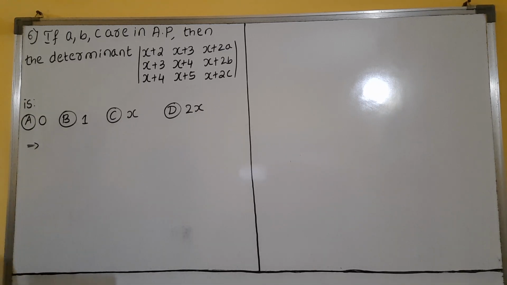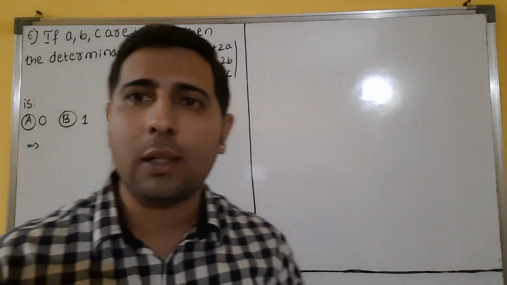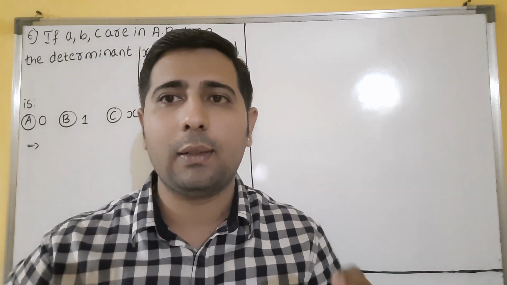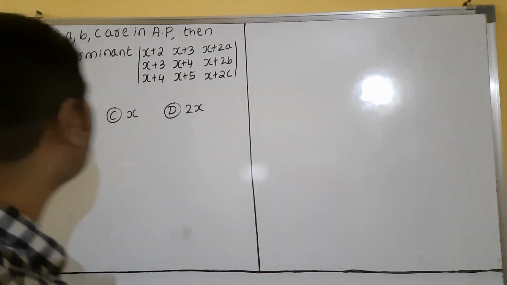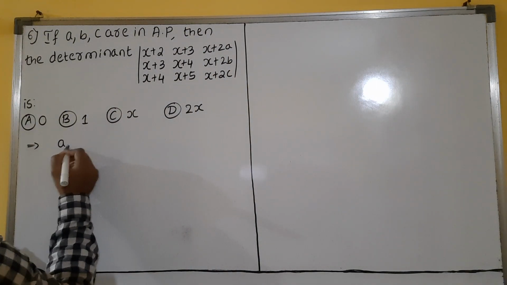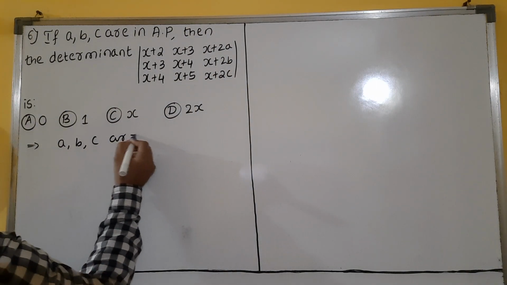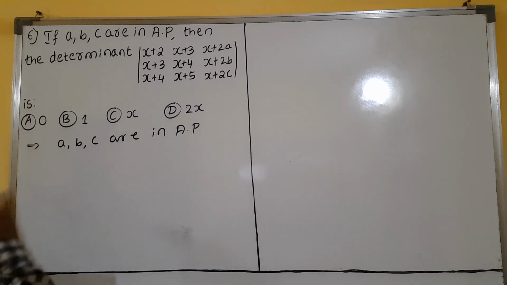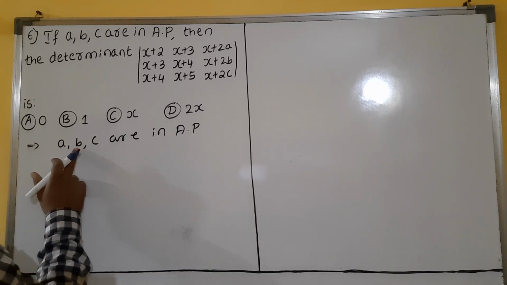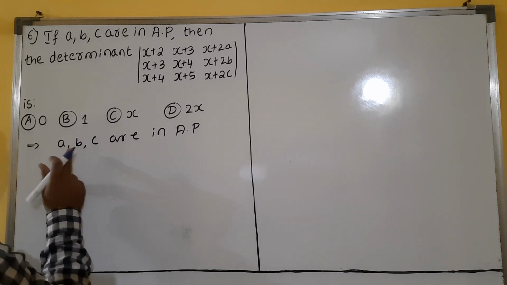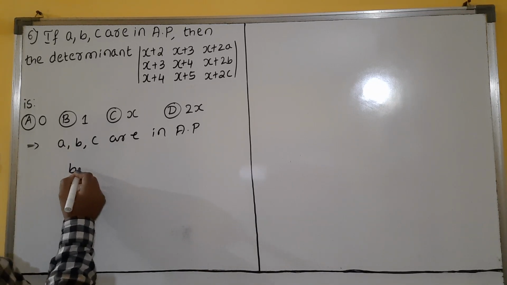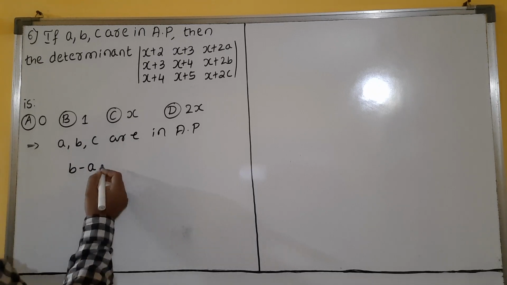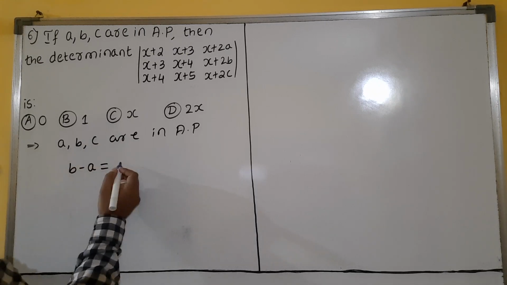Now you see, dear students, a, b, c are in AP. AP means their common difference should be the same. So in 10th standard you have learned, this is b minus a must be equal to c minus b.